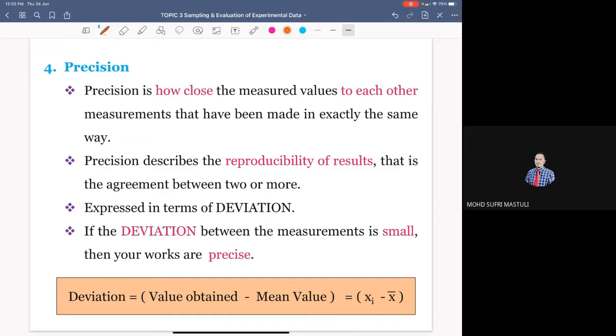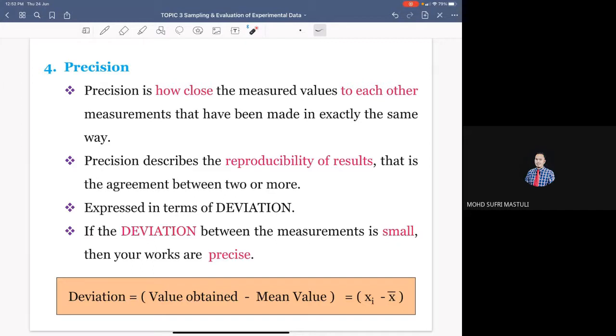Precision. Precise means how close the measured value is to other measurements, the other measured values that have been made in exactly the same way.